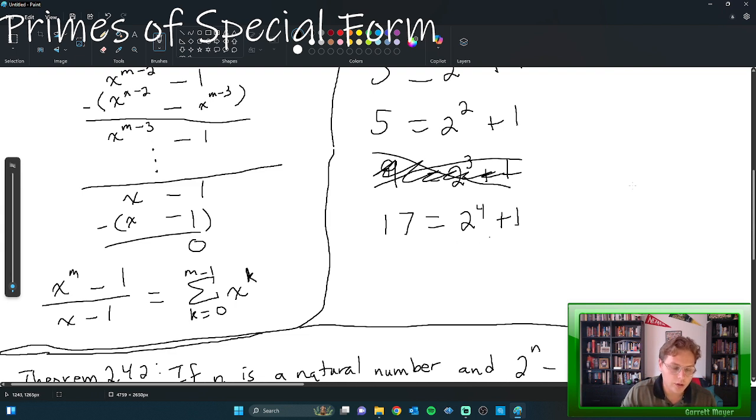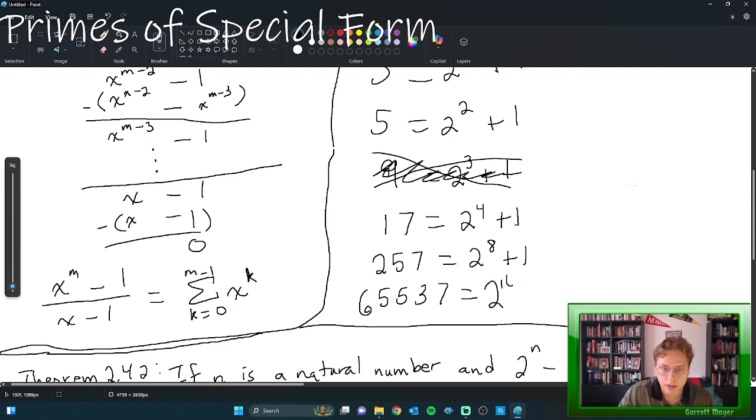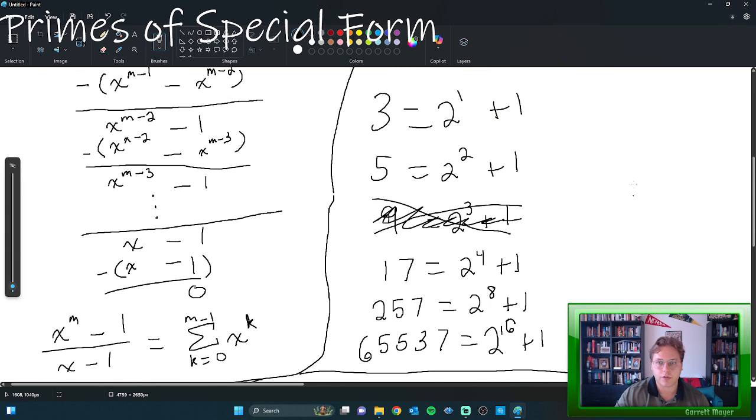I'll just say 2 to the 5 and 2 to the 6 are not examples. But the next example would be 2 to the 8 plus 1, which is 257. And then the next example is 65537, which is 2 to the 16 plus 1. All these other examples in between don't end up being primes, so they're not examples of Fermat primes.